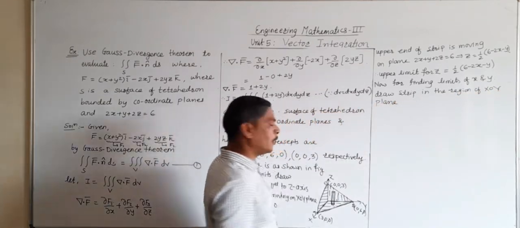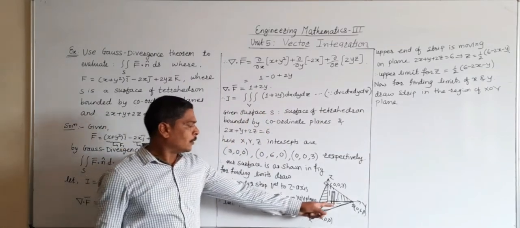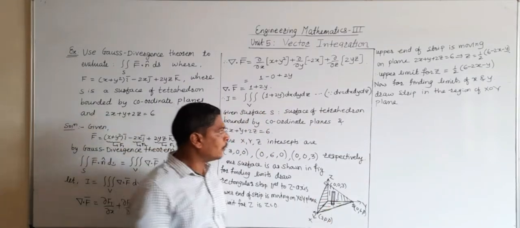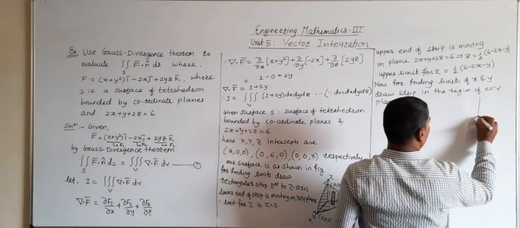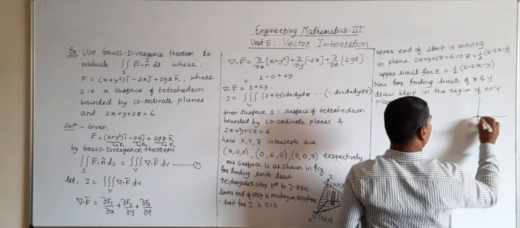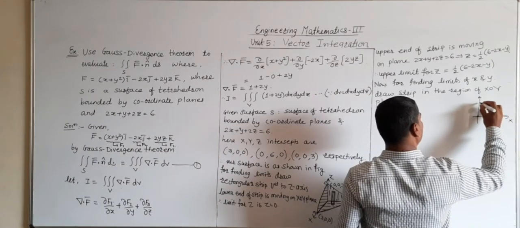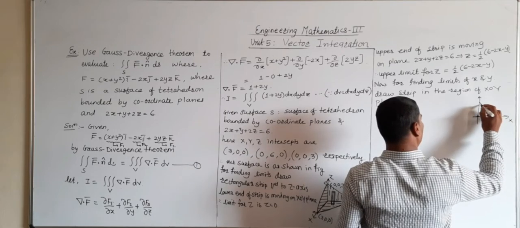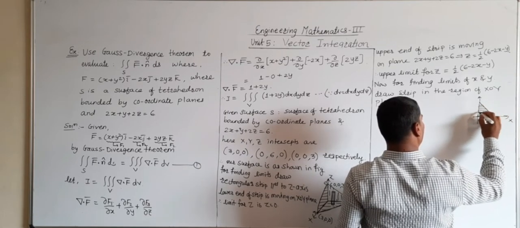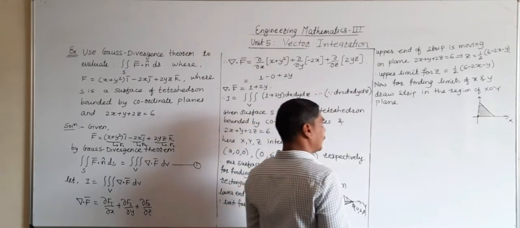After finding the limit for z, our 2D diagram remains as shown in this figure. So suppose this is our x-axis, this is the y-axis, then this is the line, and this is the region bounded by this line.